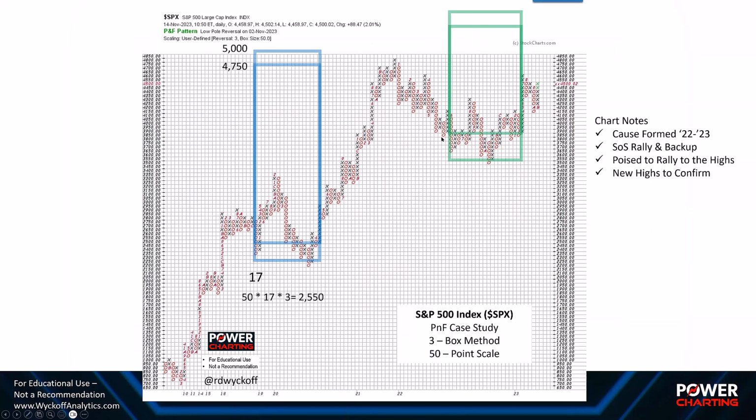And this count across here is the one we just looked at. And this count takes us up to, look, it confirms basically the count that we just looked at on the prior chart. And so now we have two really interesting confirming counts that go up to new all-time highs.